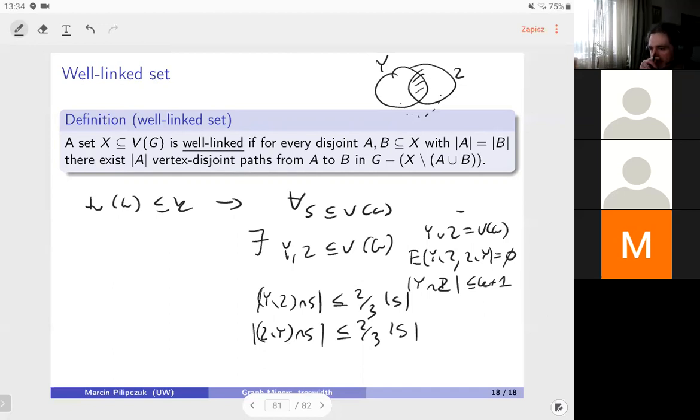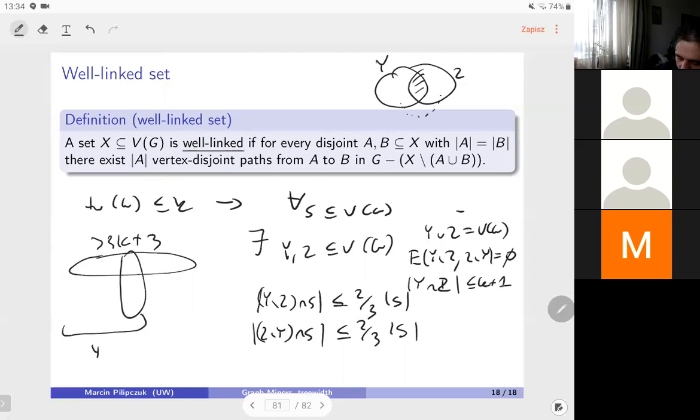In a sense, whenever your set becomes too large, there's a way of splitting it. If there was a set larger than 3k plus 3, then the separation into the Y part and the Z part has this part being at most 2k plus 3, and so on. Let's not be picky about the numbers.